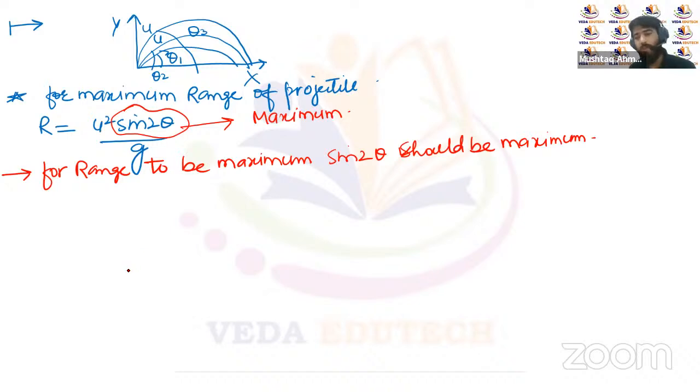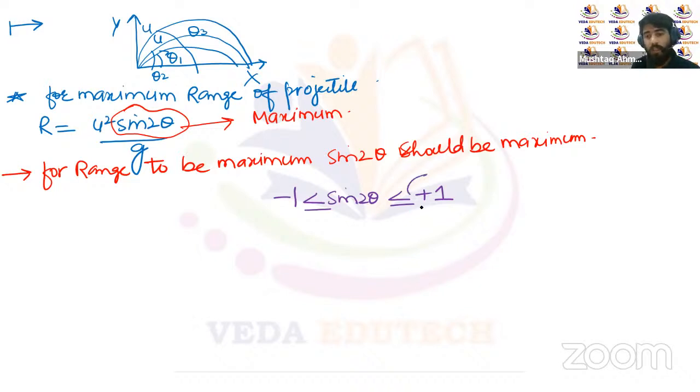And we know that the maximum value of sin 2 theta is 1. If we talk about the range of sin 2 theta, it will lie between -1 and +1, right? The minimum value of sin 2 theta is -1 and the maximum value is +1. So we get the maximum range when sin 2 theta has its maximum value.